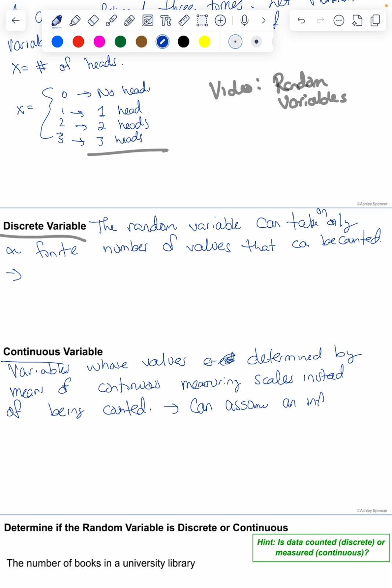So an example of this is the amount of time a telemarketer spends on the phone.